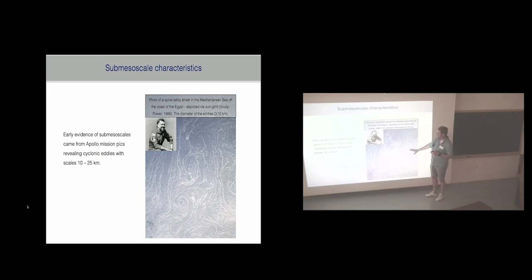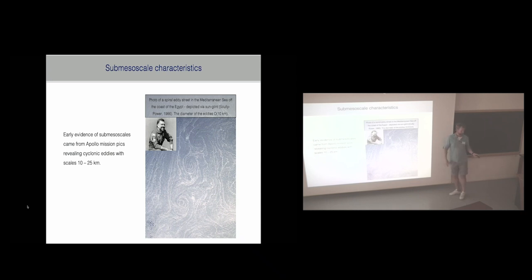And he took this photo, which really is a function of the sunlight glint and particles on the surface ocean that created this image. And what you can see is that these eddies are scaling at about 8 to 12 kilometers, some of the first evidence that the ocean was varying at this fine scale outside of the numerical simulations. So that's a nice way to think, okay, in the 80s was the first view of these small vortices as viewed from space.